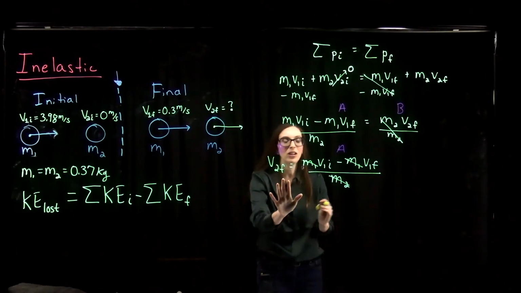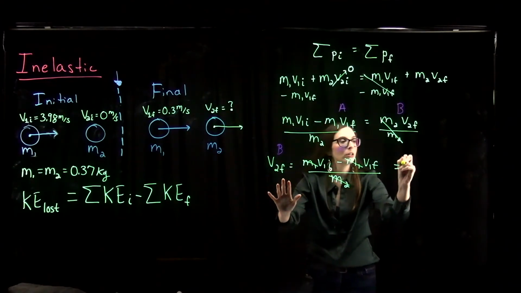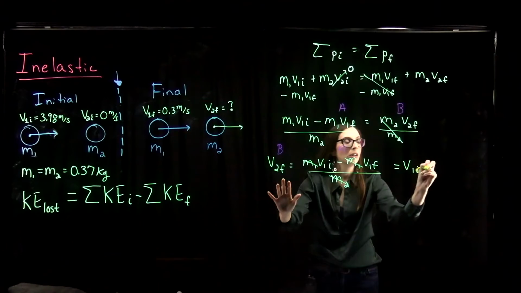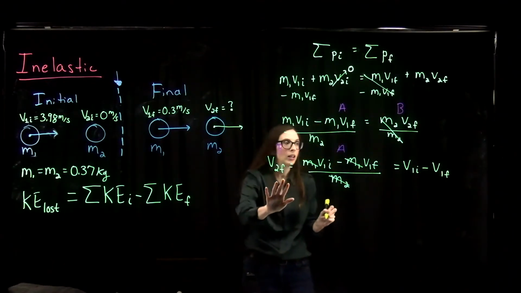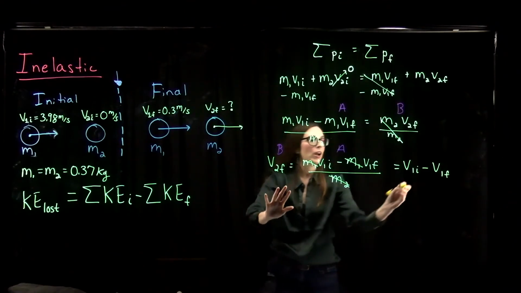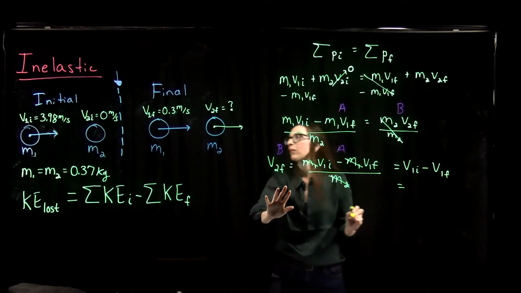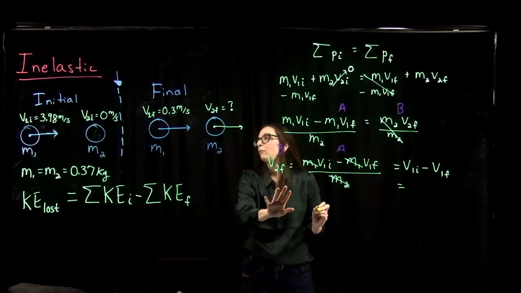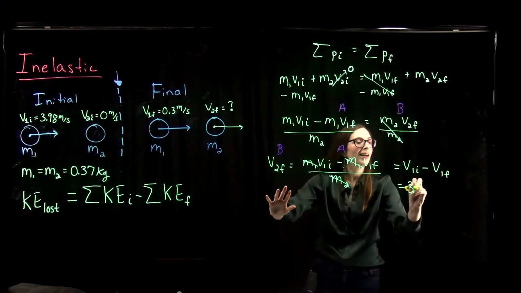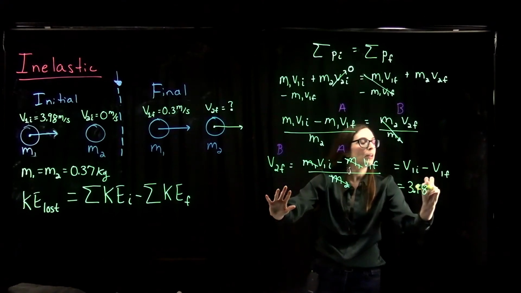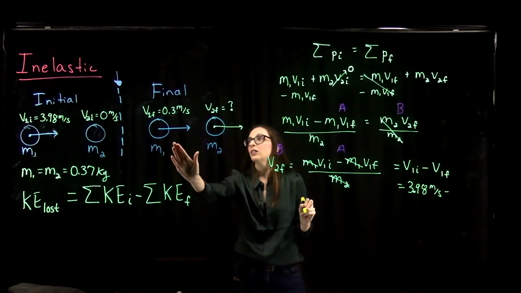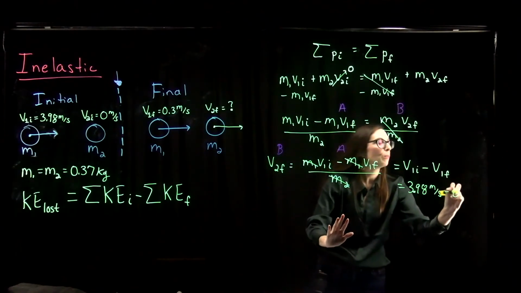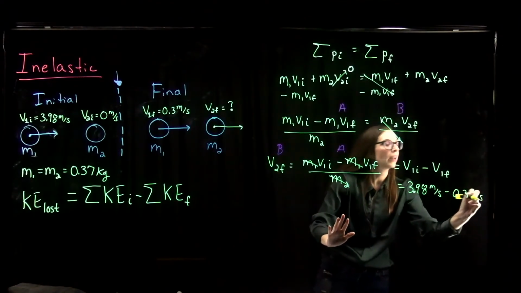So V2 final is just going to be V1 initial minus V1 final. Okay? And so V2 final will equal the initial velocity of ball 1, 3.98 meters per second, minus the final velocity of ball 1, which is 0.3 meters per second.